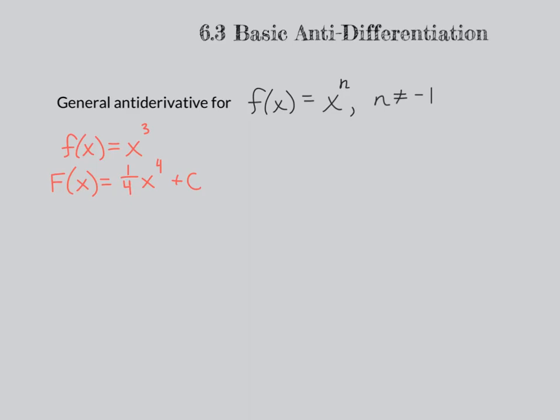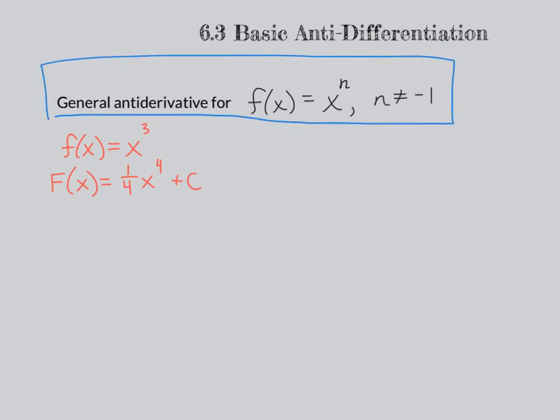So for any general antiderivative, we added 1 to the exponent, so it's x to the n plus 1, but we also divided by that n plus 1 value. And then, of course, we added c.